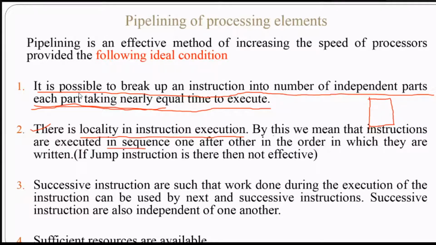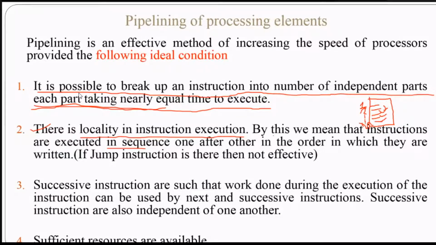When it will provide advantage? So if you are having sequential instructions, means 1 2 3 4 5, n number of instructions, and they should be executed in sequence. पहले instruction execute होनी चाहिए, फिर second, then third instruction, फिर fourth instruction, like that. So it should be executed like this.